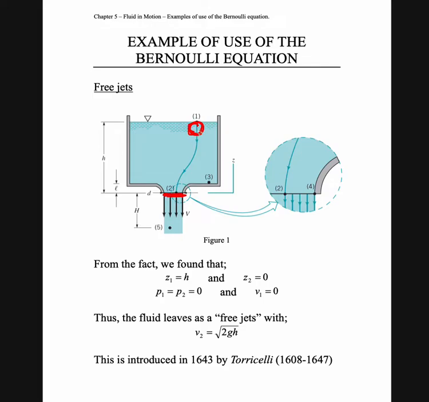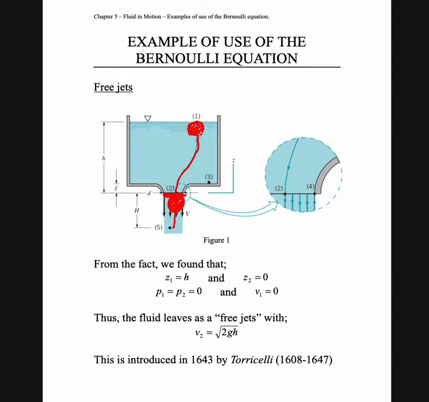Then when we open this hole, the molecule starts to move, because it starts to fall down. This molecule goes from velocity equal to 0 to having a velocity, and then it will go through the hole here. Let's say this is point number 2 for this molecule.